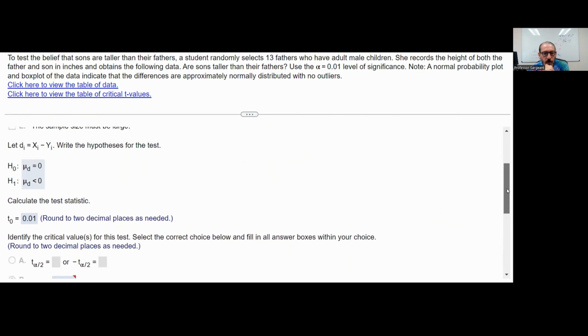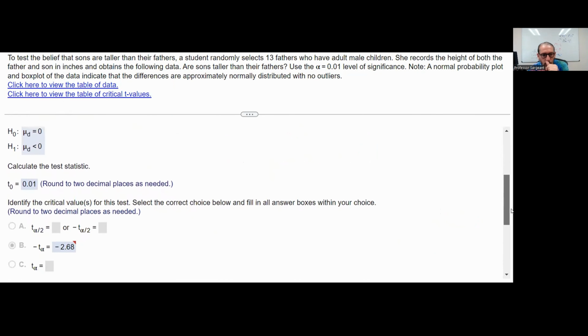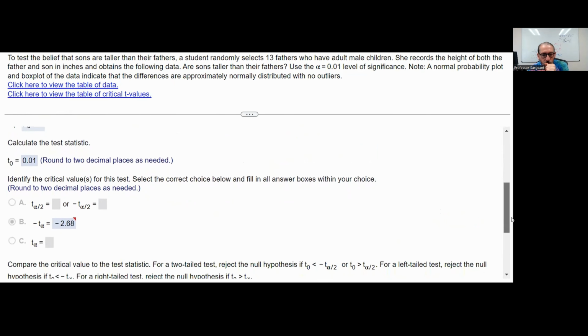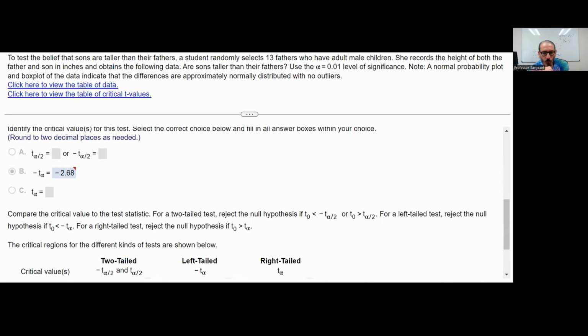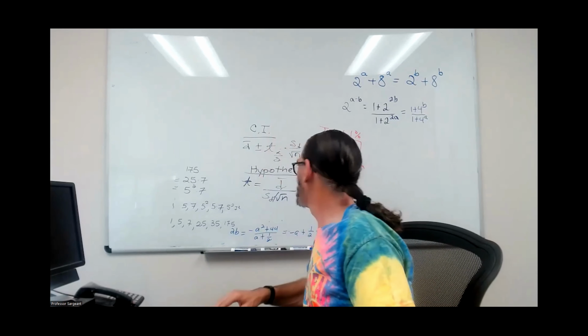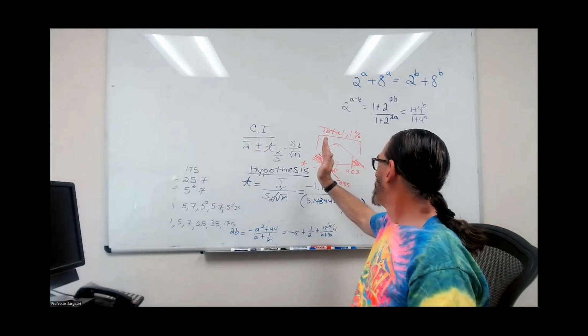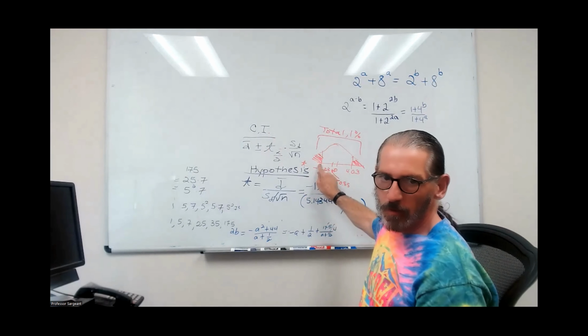Okay, compare the t-value that we calculated back here, 0.01, to that critical t-value. Well, without relabeling this in the earlier drawing, that negative 2.68 is over here.